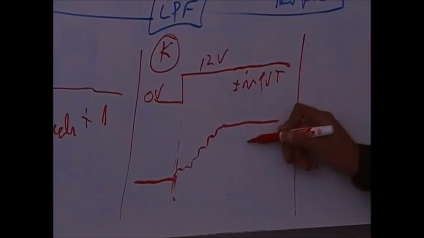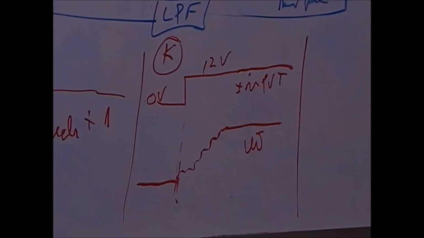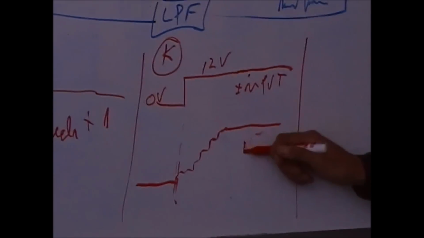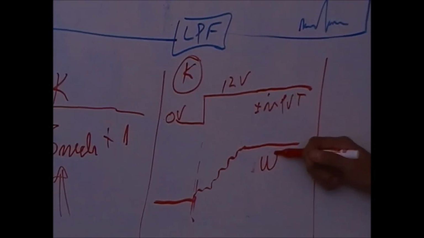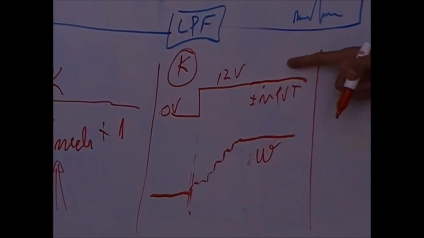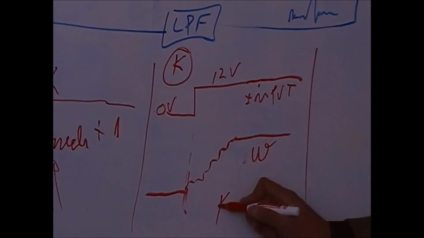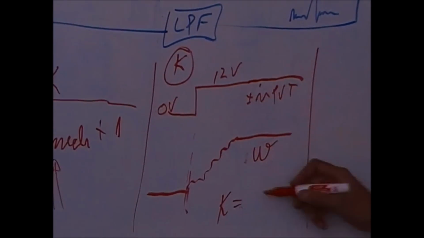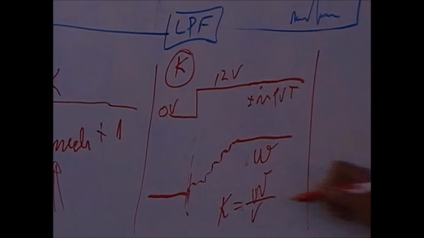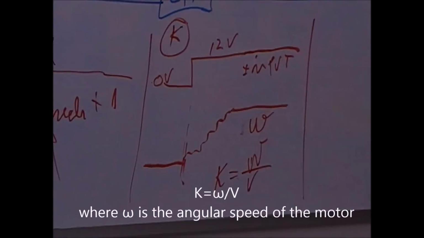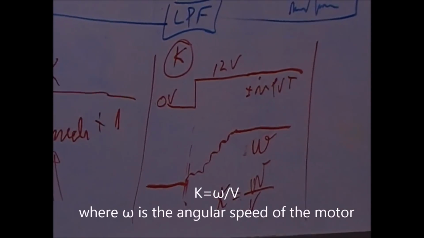So for this speed, I have a certain voltage there. So it's easy to calculate the gain. Gain is equal to omega divided by the input voltage. That's a simple experiment. Just drive the motor with a certain voltage and measure the speed.